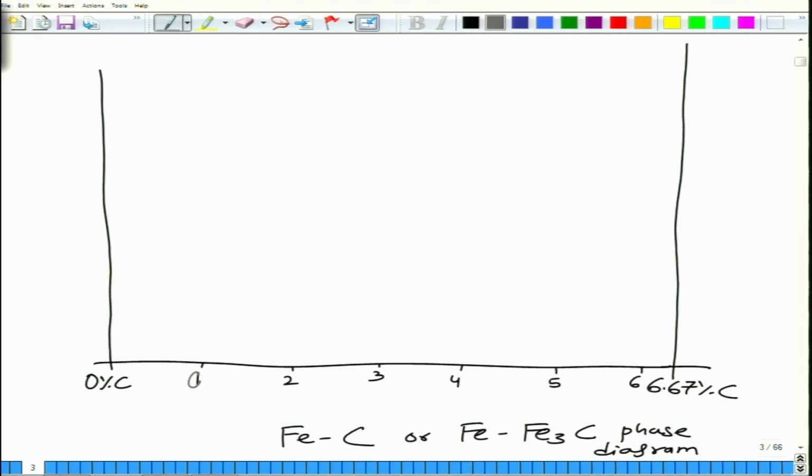So, let me just make it 0.5, 1, 1.5, 2, and then let me put a break here and let 6 directly come there. Okay.